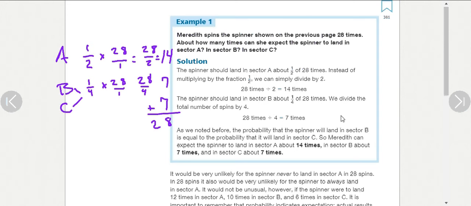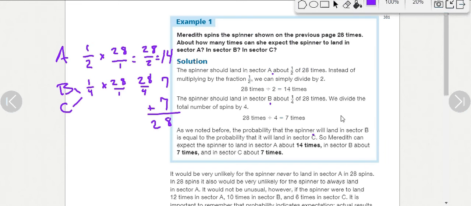Looks like 28 to me. So we divided by 4 to get how many times for B and C. A we divided by 2. So Meredith can expect the spinner to land in sector A about 14 times, B about 7 times, and C about 7 times.